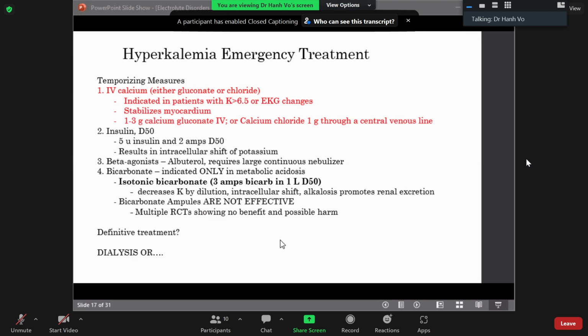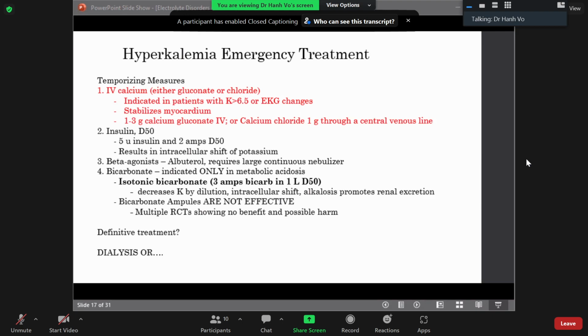And for the definitive treatment, the patient may need dialysis. Do you know about potassium removal agents like furosemide or sodium polystyrene sulfonate, for example Kayexalate?